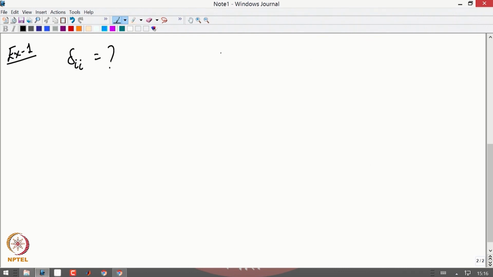You know that delta ij is 1 if i equal to j and 0 if i is not equal to j, and you know that if an index is repeated twice on the same side of the equal to sign, it is summed from 1 to 3.